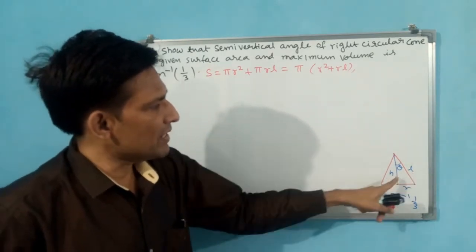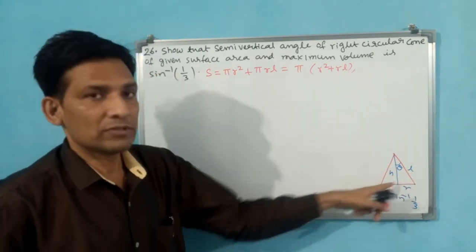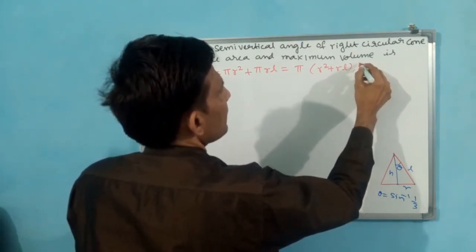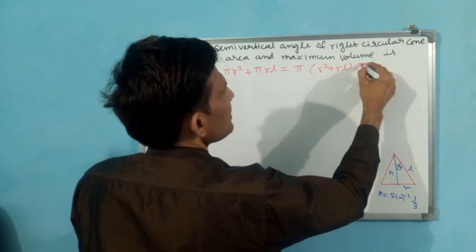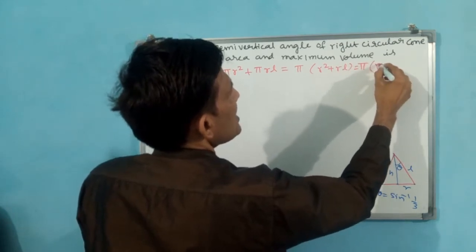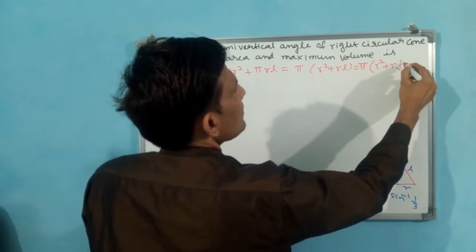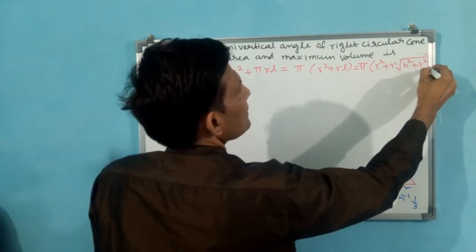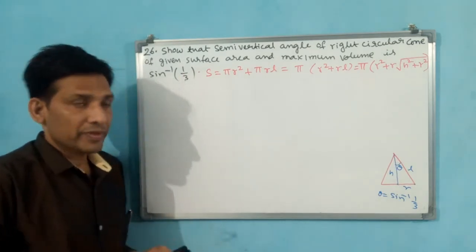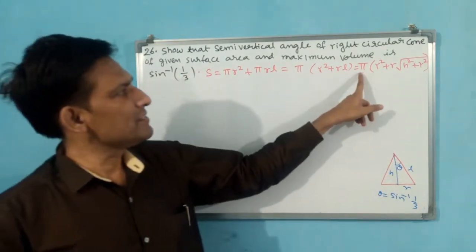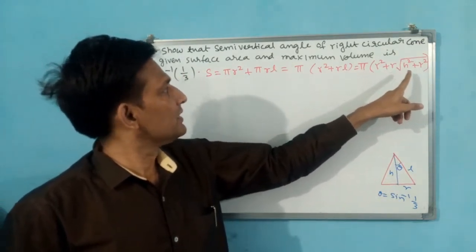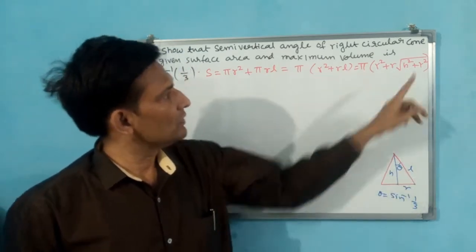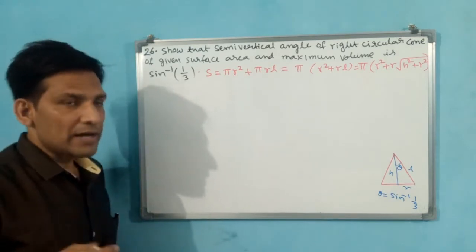L means square root of h square plus r square. That is equal to pi into r square plus r into square root of h square plus r square. Is it okay? Pi is there, pi r square plus pi r L, and L is h square plus r square under root.